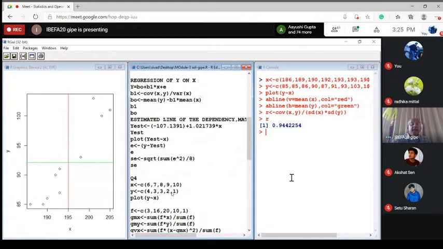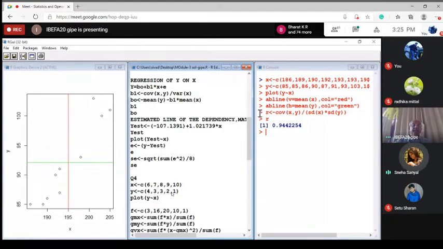Regression: Y equals B0 plus B1 into X plus epsilon E. Who can explain the model B0 plus B1 X plus E?